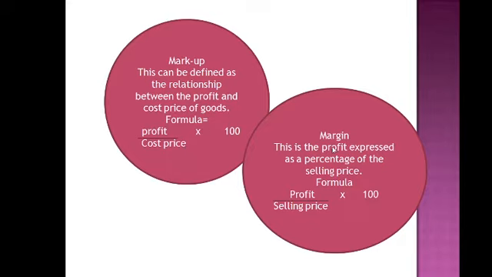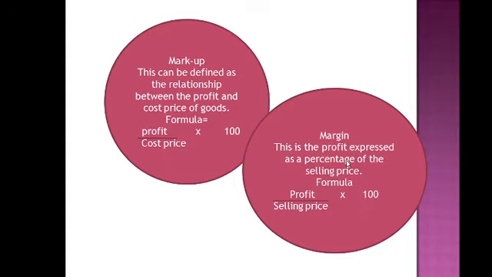Now the next one is the margin. This is the profit expressed as a percentage of the selling price. What is selling price? The selling price is the amount you sell your product. Remember, cost price is the amount you pay your suppliers when you are buying the product. When you bring the things you bought from the suppliers to your shop, before you get your selling price, there are things to be added.